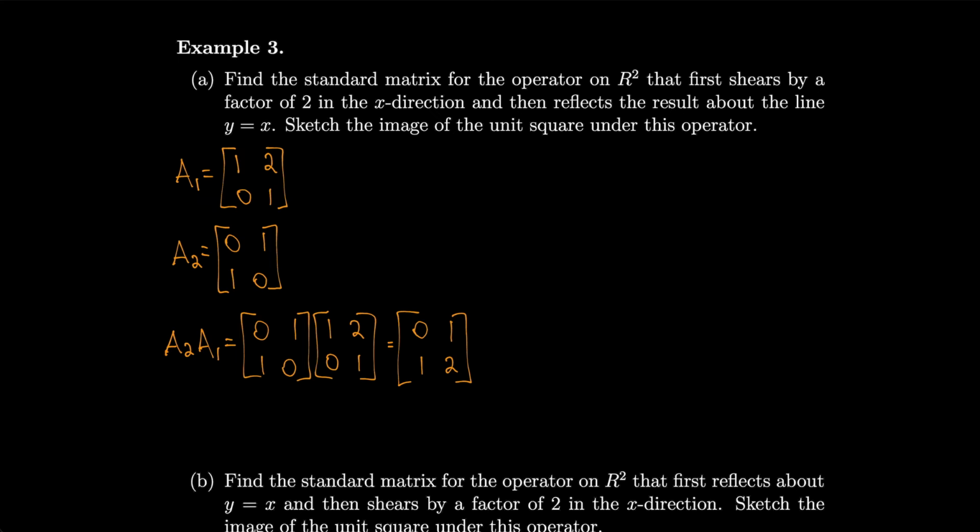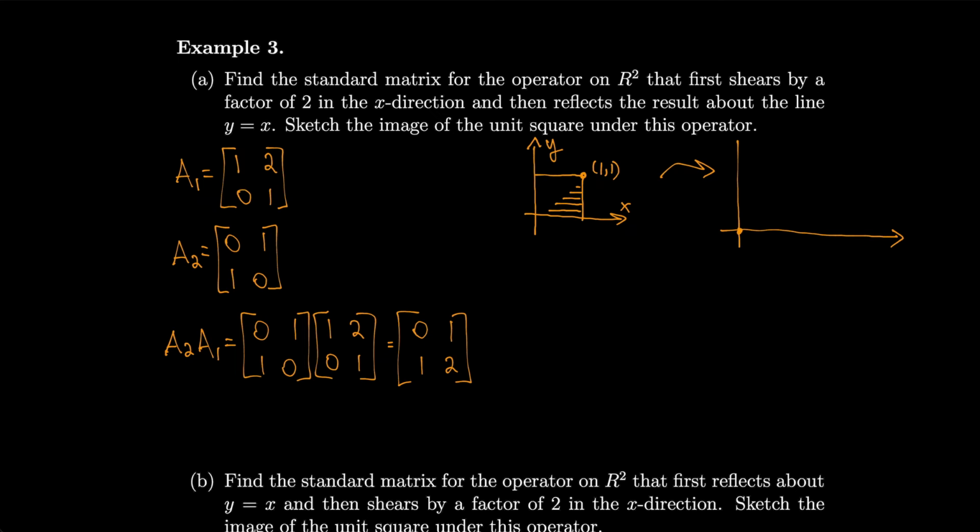So I'll draw what happens after A1 to the unit square. So first, starting with the unit square, here's (1, 1), here's x, and I'll shade a little bit so you can see what happens to the shaded part. So then this is mapped via A1, via a shear, so that means by a factor of 2.